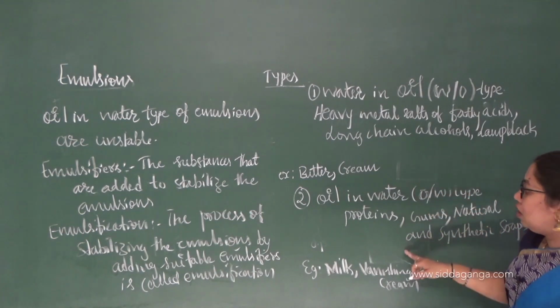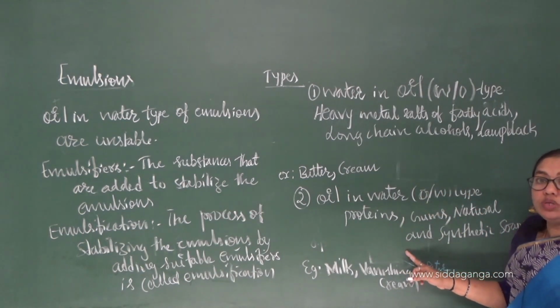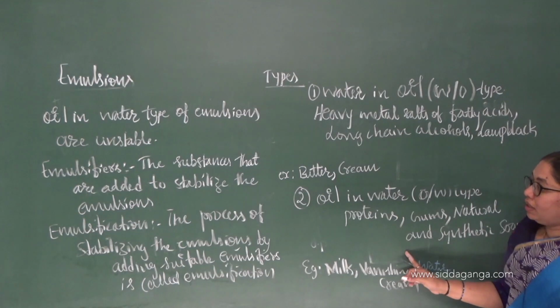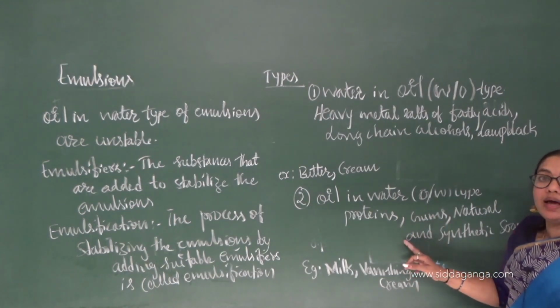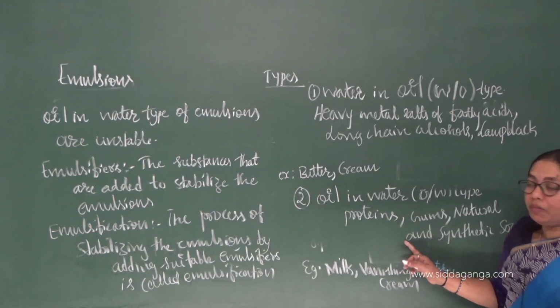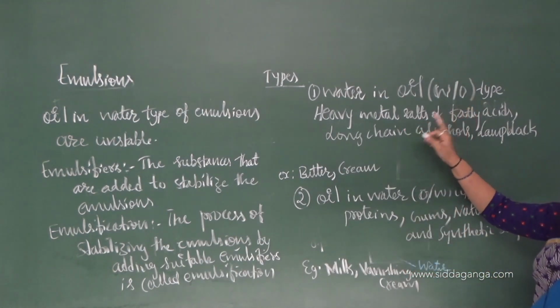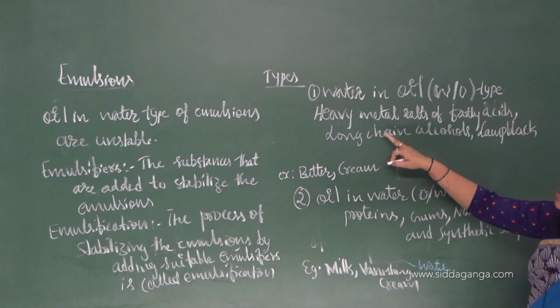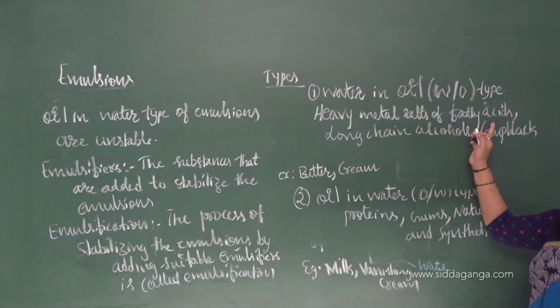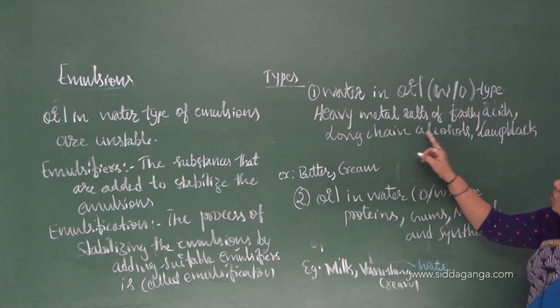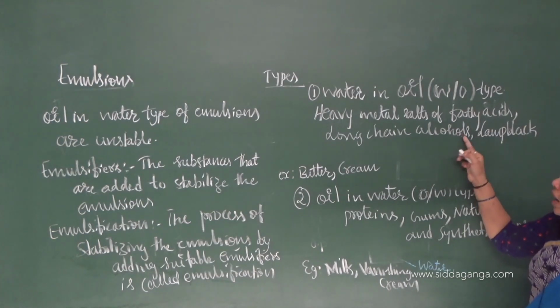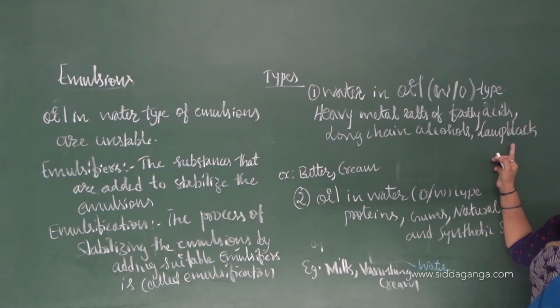So you just observe these two: oil in water type can be stabilized by using the first set of reagents. Similarly, water in oil type can be stabilized by using heavy metal salts of fatty acids, long chain alcohols, or lamp black.